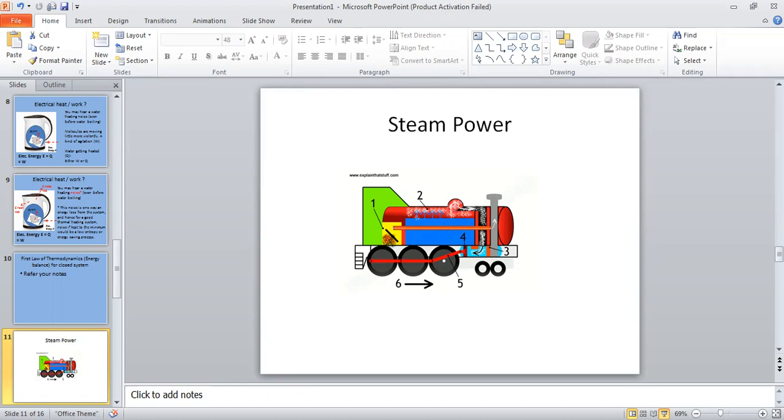Somehow the steam comes, passes through this, turns the turbine, and then the steam is condensed. Energized steam finally becomes less energy and turns into water. This water is pumped back to the boiler.